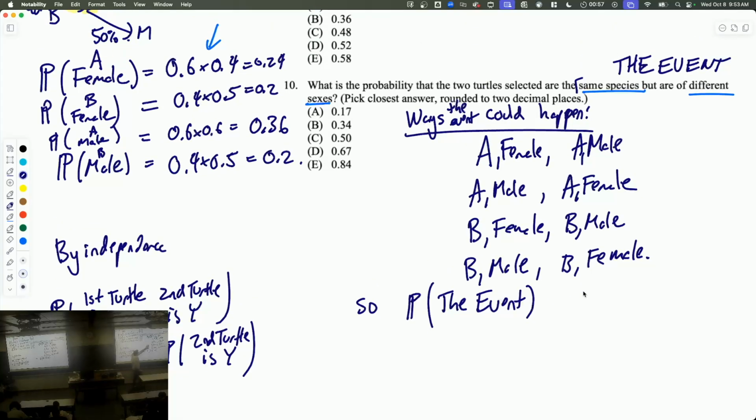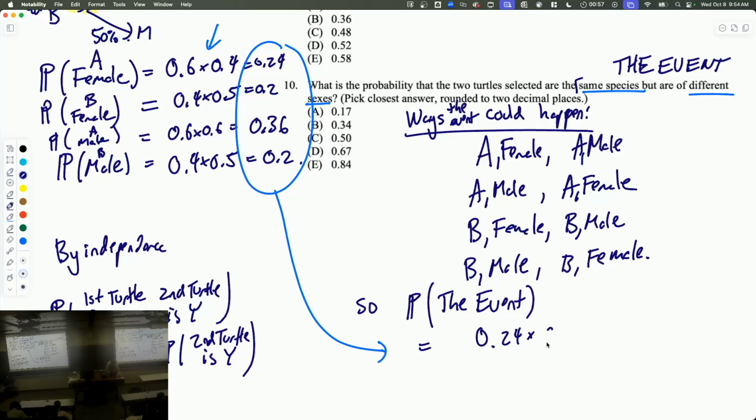So the probability of a female, a male is 0.24 times 0.2, right? So now I'm importing the answers. These numbers get imported over here, and I'm doing 0.24 times 0.36. Okay, good.